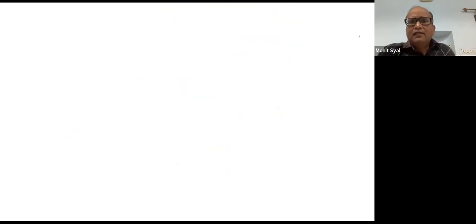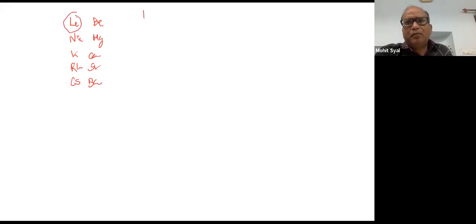Suppose you have lithium, sodium, potassium, rubidium, and cesium. This is group 1 which we are discussing right now, and group 2 is beryllium, magnesium, calcium, strontium, barium, right? So lithium shows anomalous properties, abnormal properties.